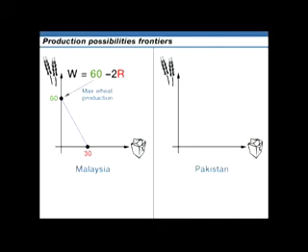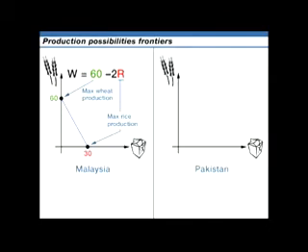I'll move this equation now over to the board, and you can see that the equation is what I've drawn here in this diagram, that the vertical intercept is at the point of 60, the maximum wheat production that Malaysia can turn out if it uses all 60 of its workers to produce wheat. The horizontal intercept is going to be 30. That is, if you plug in 30 for R, the rice production, you get 0 wheat left over to be produced.